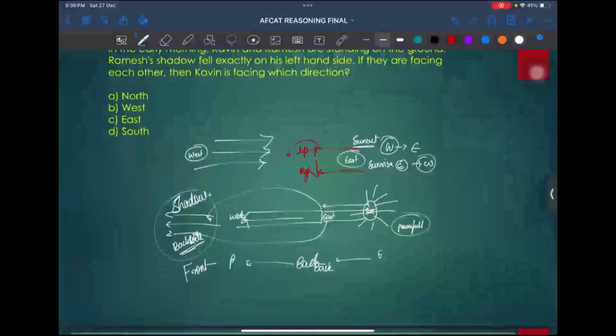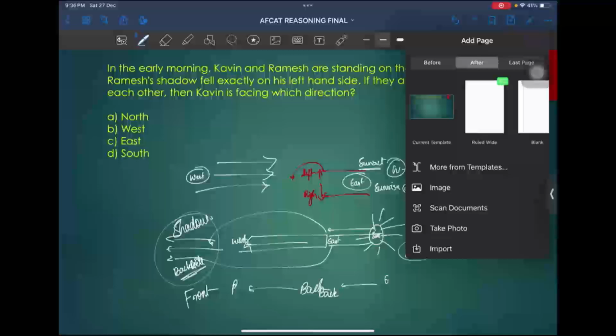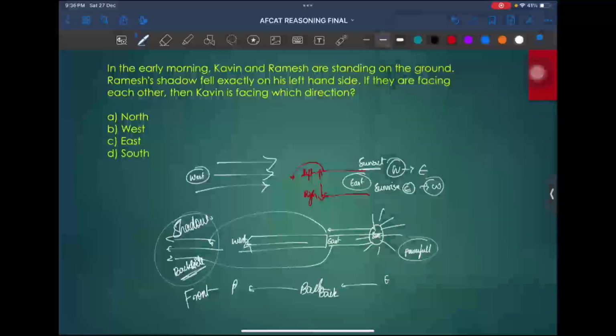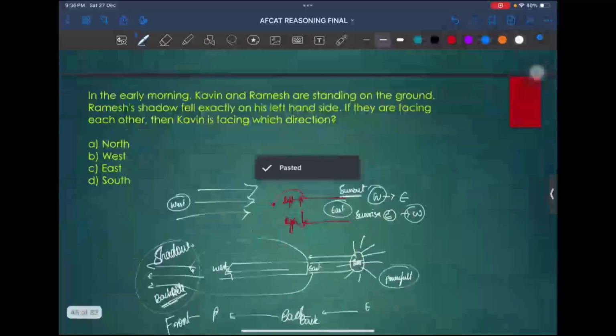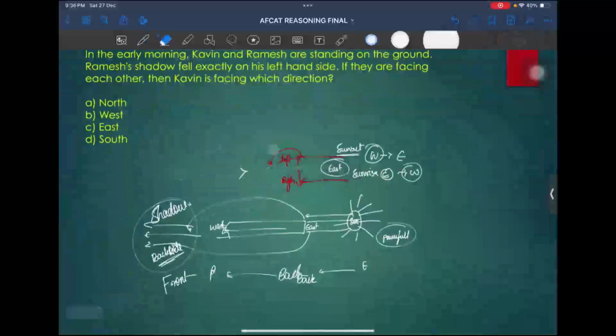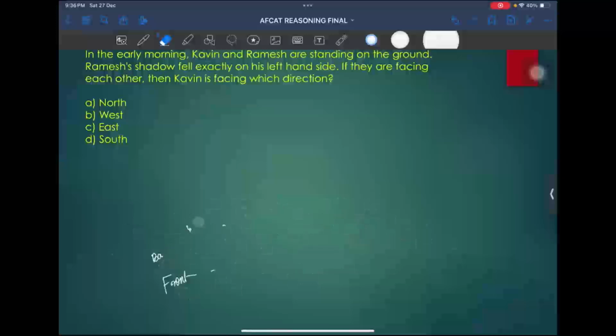Now I'll try to solve this question. Okay, I guess you guys understood the concept. You just need to draw an imaginary sun on the paper.